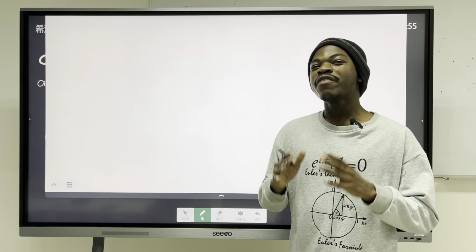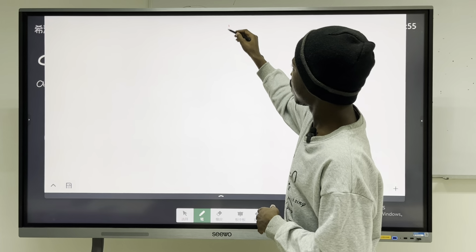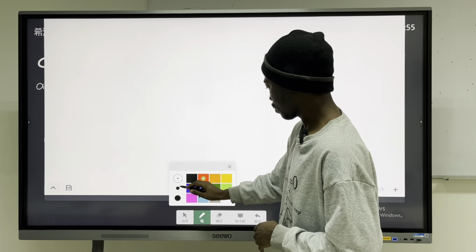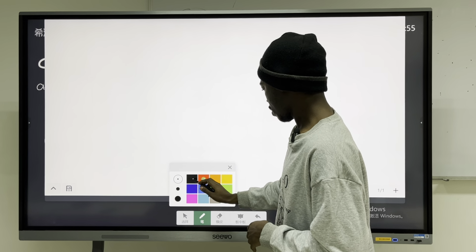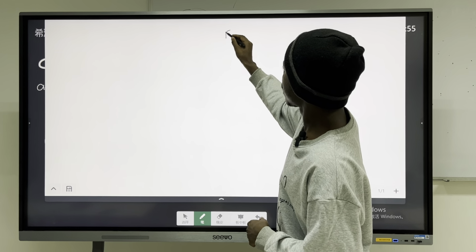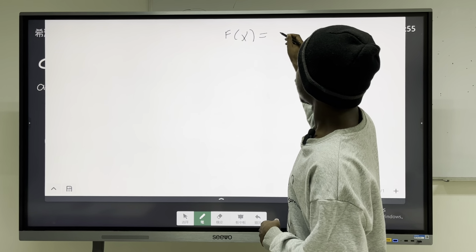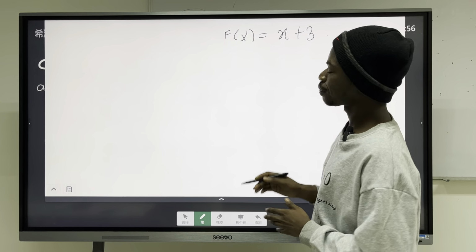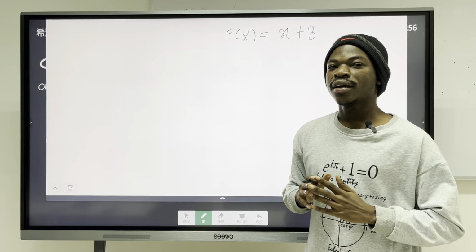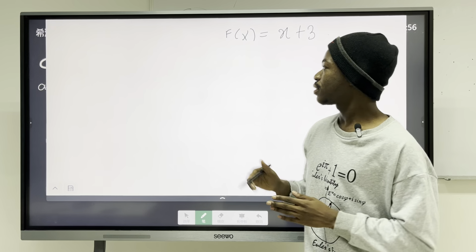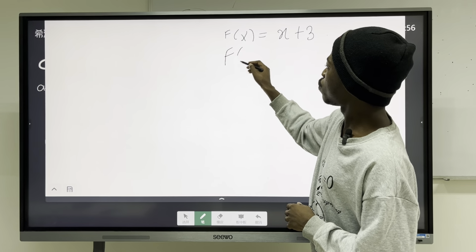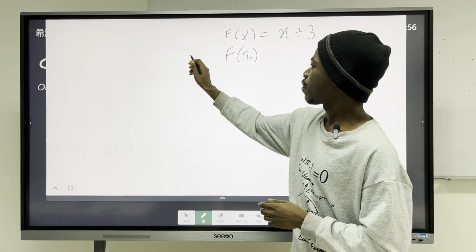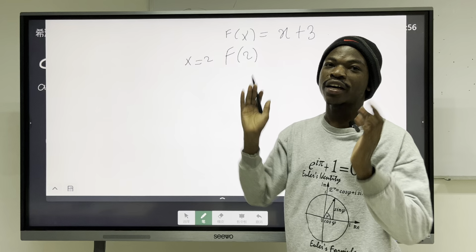So if we have a function f of x equal to x plus 3, so this is our function. If the question asks us to find f of 2, f of 2 simply means the value of x is 2 and you want to find the output.